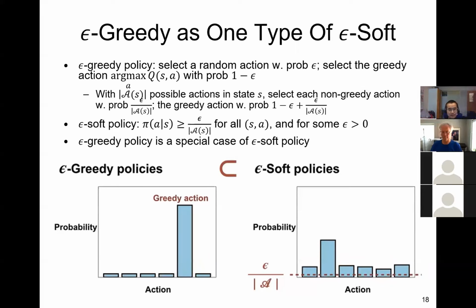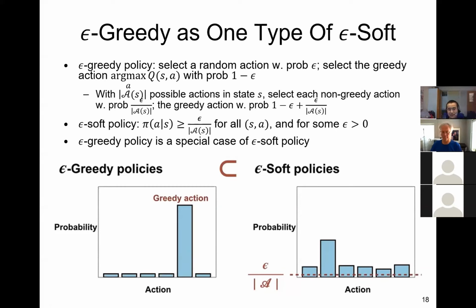For epsilon greedy, you have equal probability for all non-greedy actions. But for epsilon soft, it only requires that every action is selected with a lower bound probability, but it may have some other distribution instead of the equal distribution of epsilon greedy for non-optimal actions.